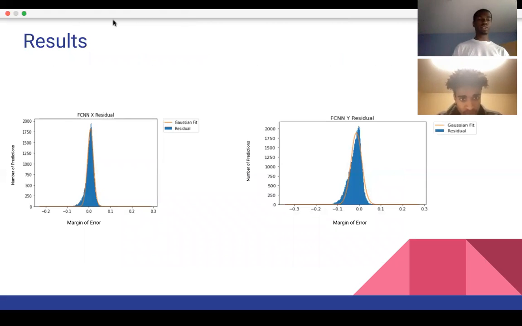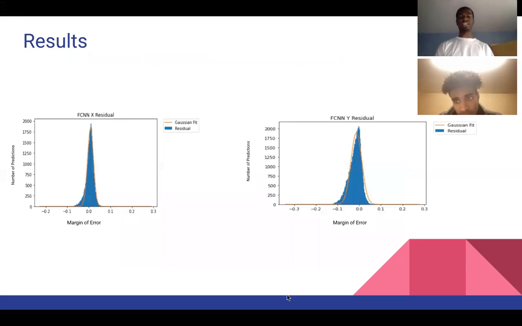These are our residual graphs, and for the sake of not overcomplicating things, I'm just going to explain what these essentially are doing. The y-axis is the number of predictions for each margin of error. You see that these graphs are centered around 0 for the most part, which means that for most of our predictions, we have a very, very small margin of error.